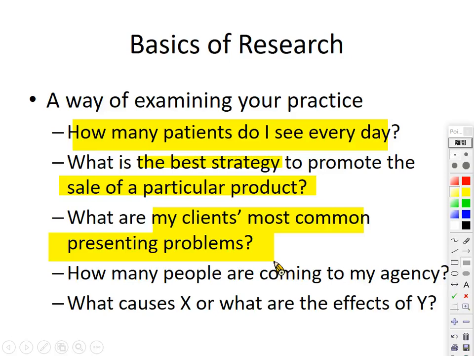When you enroll and register in this program in Wenzhou, what do you expect? There must be some expectation, right? You have your concerns. And now this is the third year for you to stay here in Wenzhou. Have you ever encountered any problems? Maybe you have. What are the common presenting problems you have?